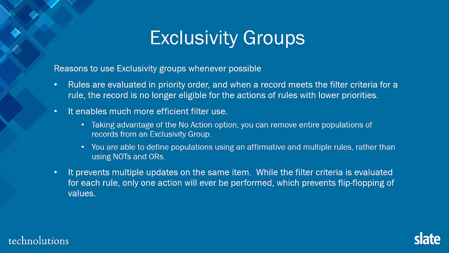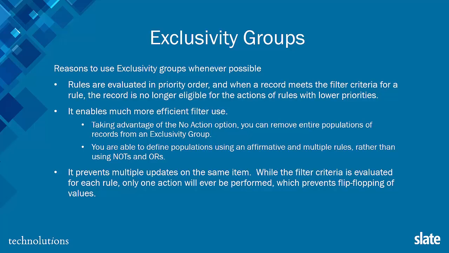Something to keep in mind in the rules process: all your rules in an exclusivity group will be evaluated by Slate, but the big difference is that you don't necessarily have to include filters in every single subsequent rule. So you can use fewer filters in your rules, and make them more efficient.